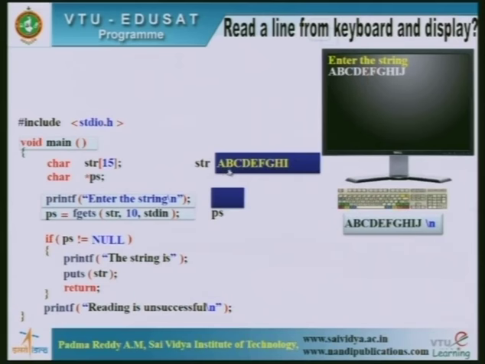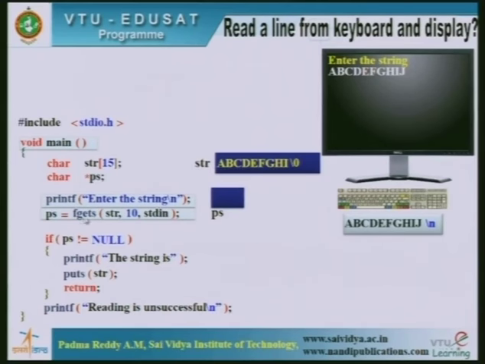If you count 1, 2, 3, 4, 5, 6, 7, 8, 9, all 9 characters have been copied. J has not been copied. Only A through I will be removed from the keyboard buffer and copied to str. This J and \n will still be available in the keyboard buffer. Now these 9 characters will be terminated with a null character. Now the reading is successful.